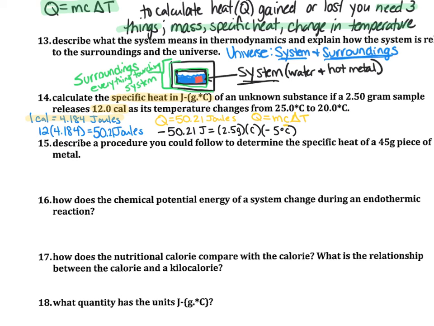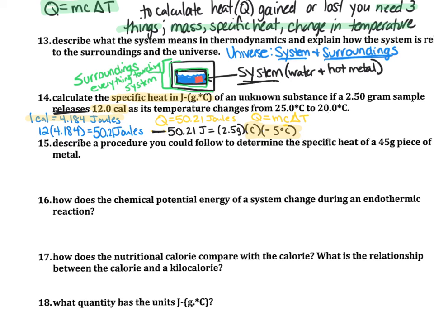Now, one thing you'll notice in my setup here is that I did put a negative for my Q because of the fact that it does say it's releasing this energy. And then I can also notice that my temperature change is a -5. So those negatives will cancel out so that my C here is positive, because specific heat can never be negative.